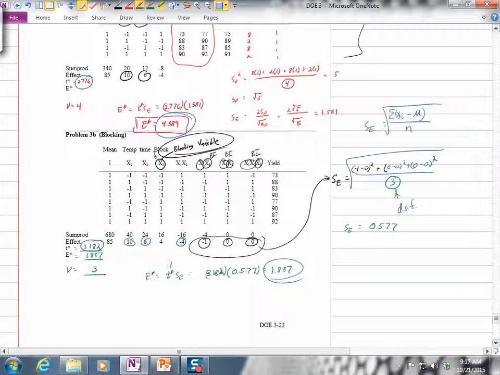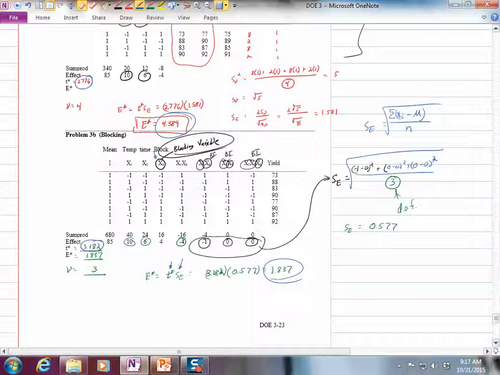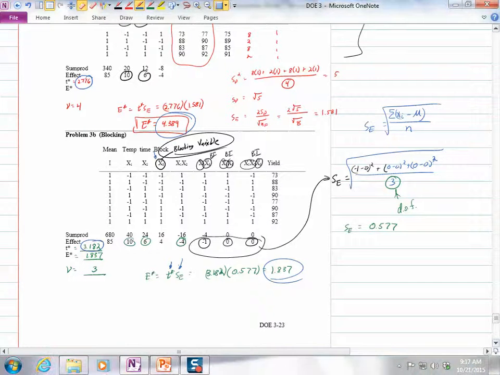So T star went up, but obviously SE went down significantly, right? So when we block an experiment, we burn up degrees of freedom, so our T stars are going to increase, but we're hoping that if the blocking's effective, the noise is going to go down more than enough to offset the increase in T star.